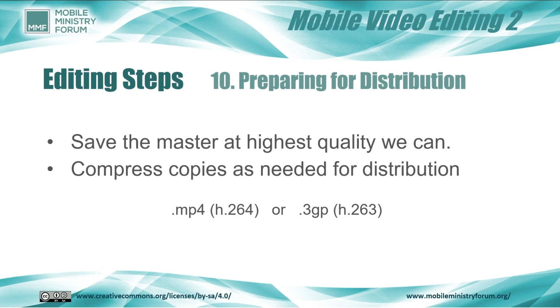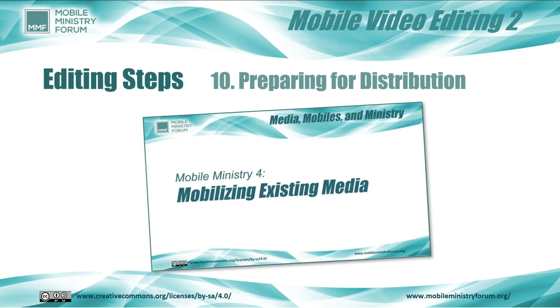You may need to compress the file or change the encoding type to ensure that it plays on your target devices. For a more detailed lesson on preparing media for distribution, refer to Mobile Ministry Lesson 4, Mobilizing Existing Media, in the Media, Mobiles and Ministry curriculum.